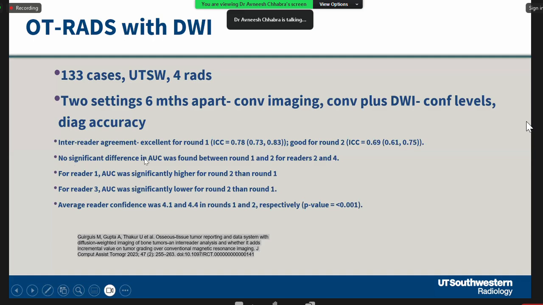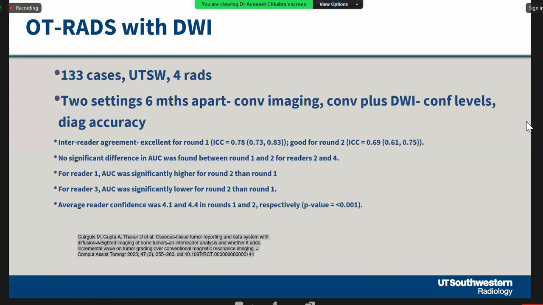And we didn't find significant difference in area under the curve for readers 2 and 4. But for readers 1 and 3, for 1 it went higher, for 3 it went lower a little bit. So 3, as you saw, was the one with 33 years of experience, not much experience with DWI. It went a little bit lower. But the average reader confidence became higher, it became 4.4. So they're more confident after looking at DWI what they're dealing with.